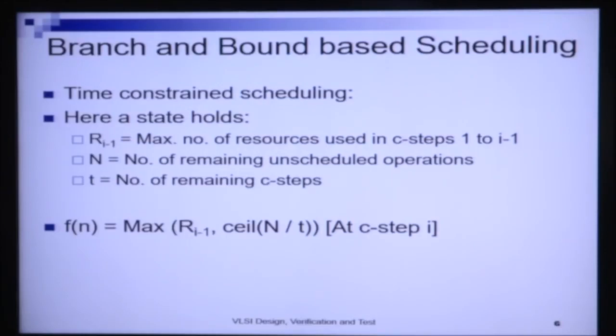So at this state I can prune the rest of the subtree, which means that I do not need to explicitly expand the rest of the subtree and can look into other parts of the state space to find a better solution. Now ceil n by t is a crude solution.